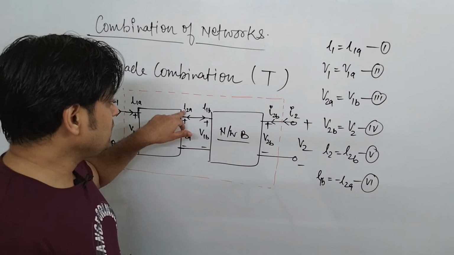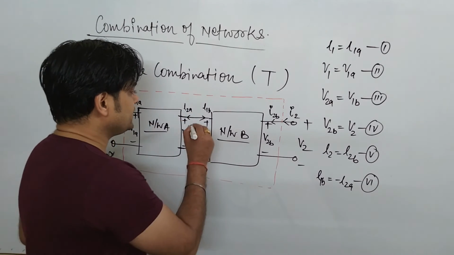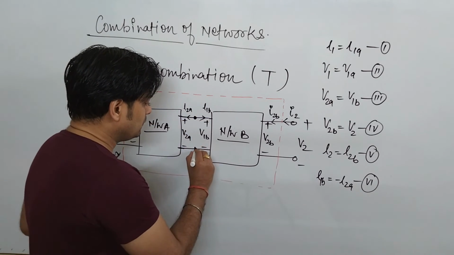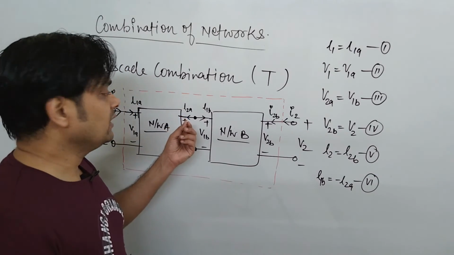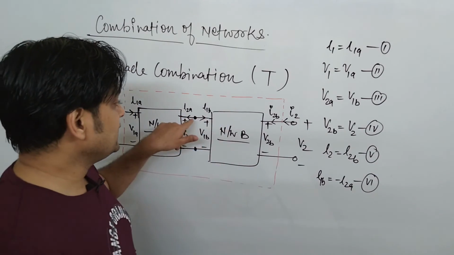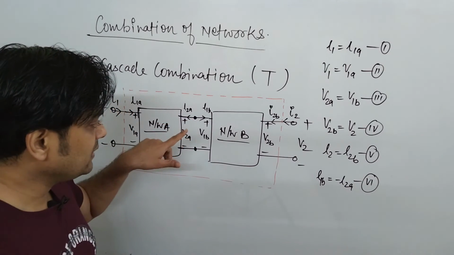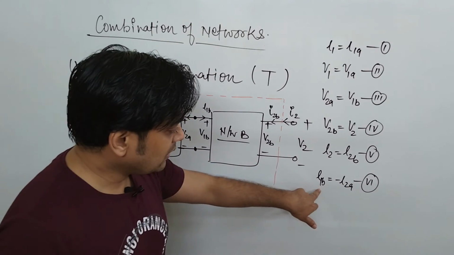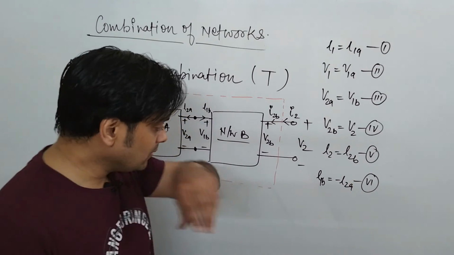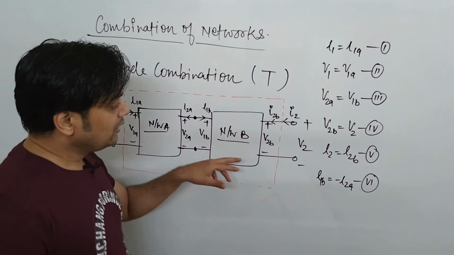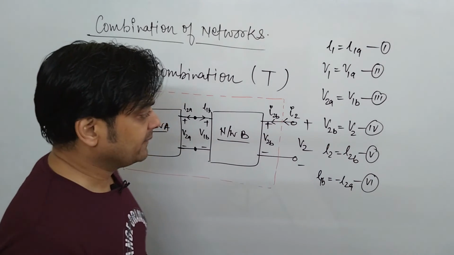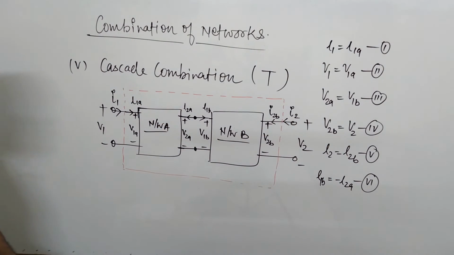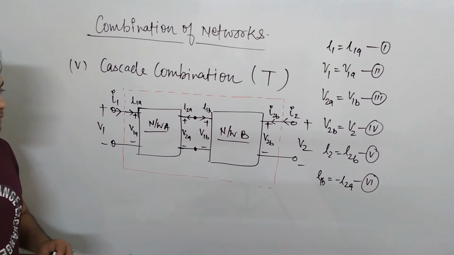If you see here, I2A and I1B, if you consider this as a node, both are going in opposite directions. It means both currents are leaving the node. So I2A plus I1B is 0. So I1B is equal to minus I2A, and V2 is equal to V2B, and I2 is equal to I2B. So these are the 6 conditions that exist for the cascade type of combination.